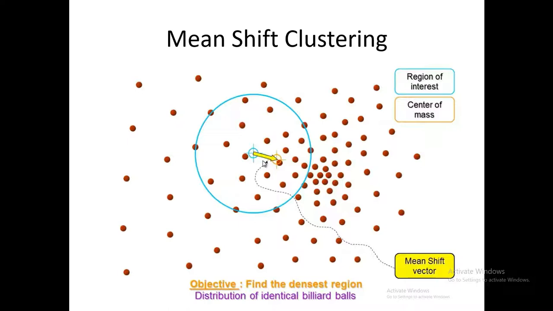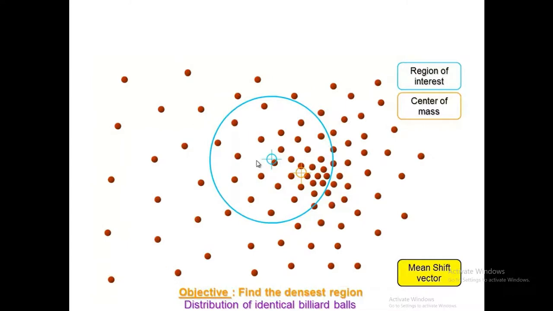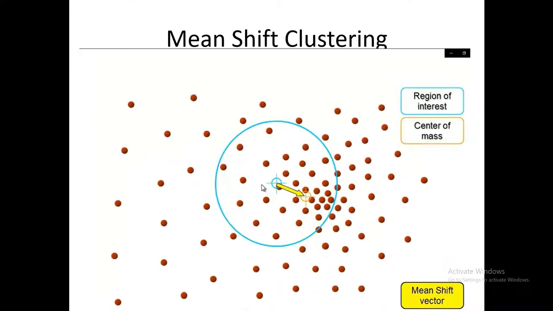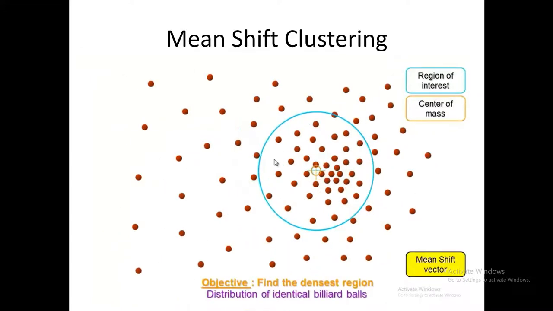So what we do is, we take some initial estimate, just start with some initial region of interest, then find the center of mass, and we shift the region of interest there.